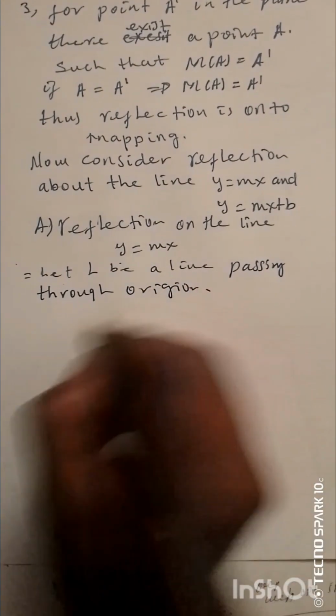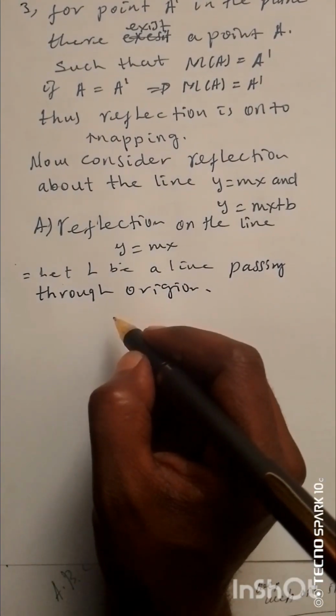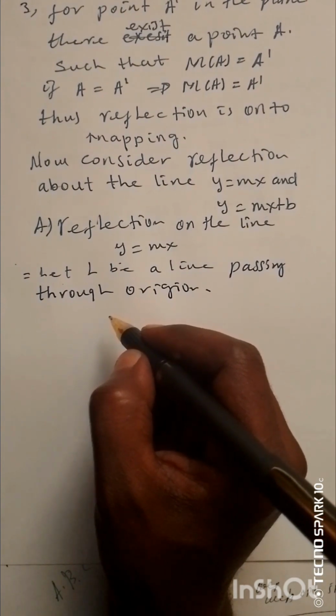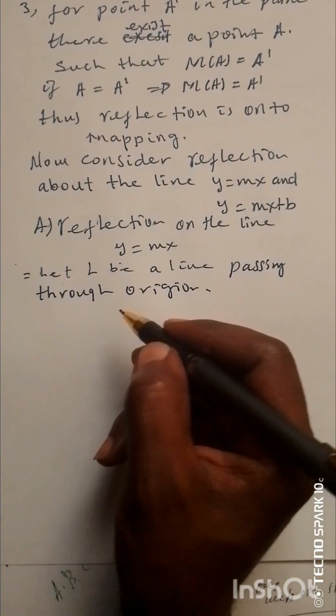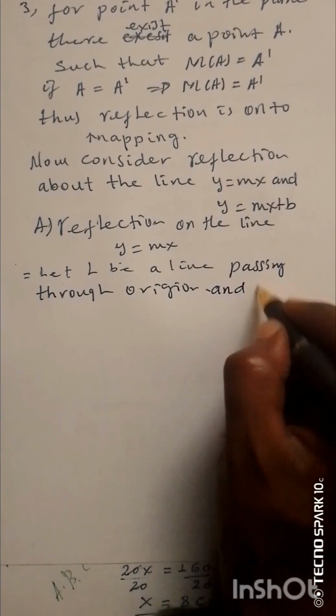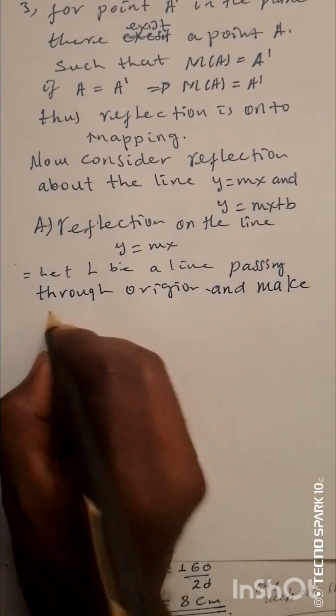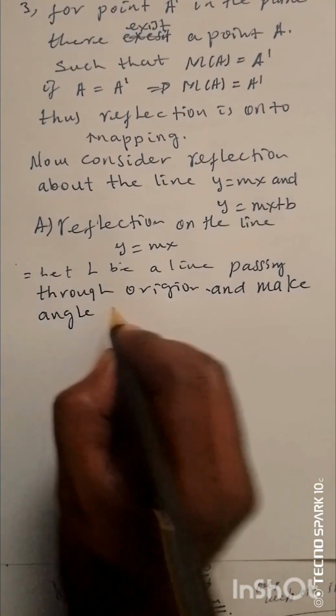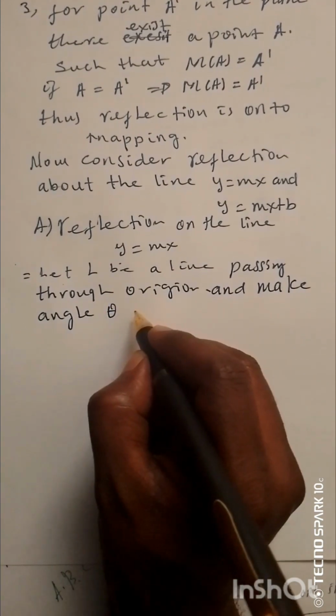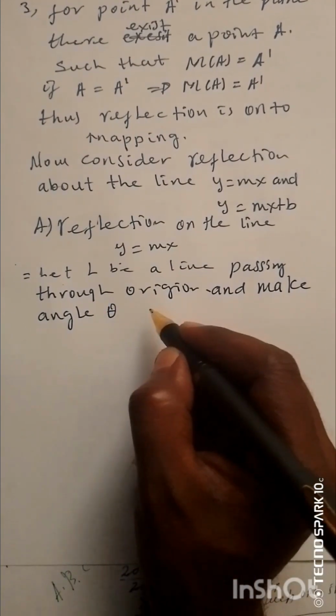That is, a line that passes through the origin, and we make an angle from the positive x-axis to the line on the plane.